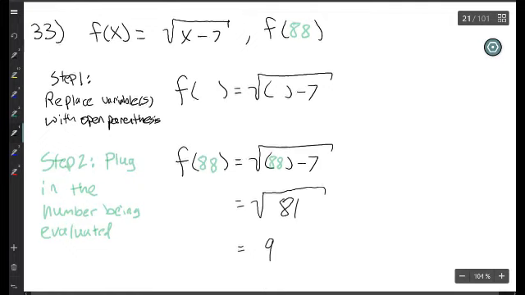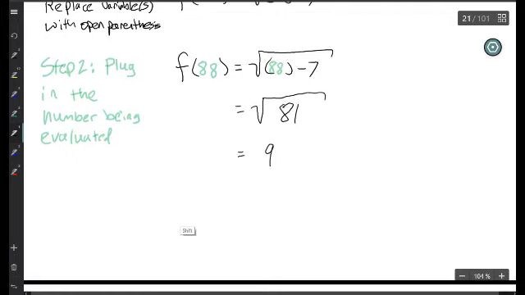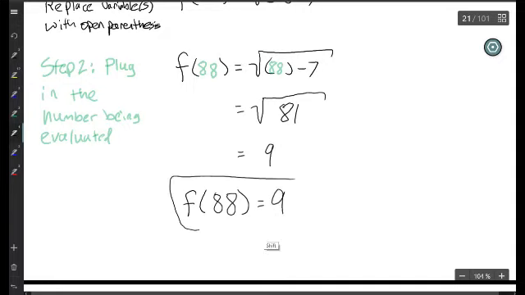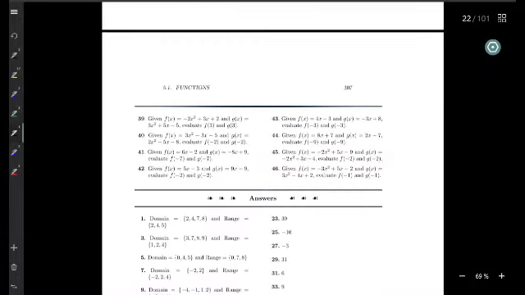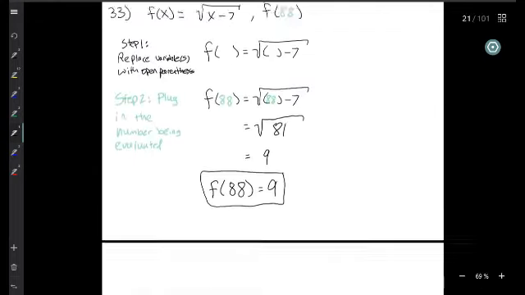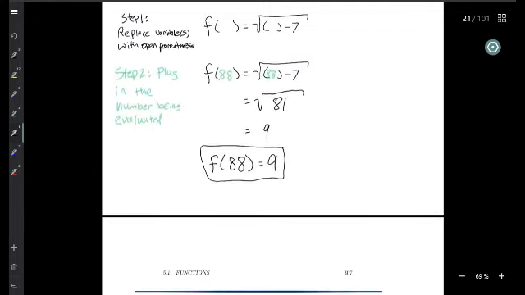So f of 88 is equal to 9. And that concludes the lecture 1.